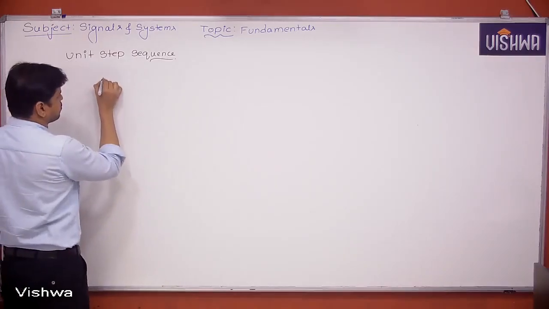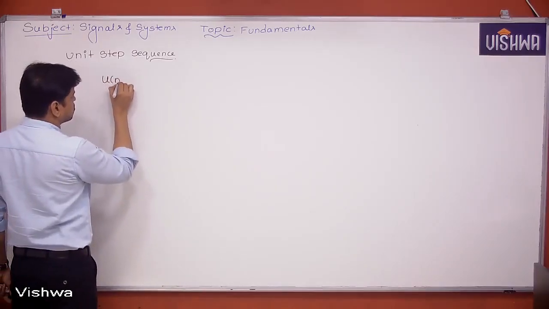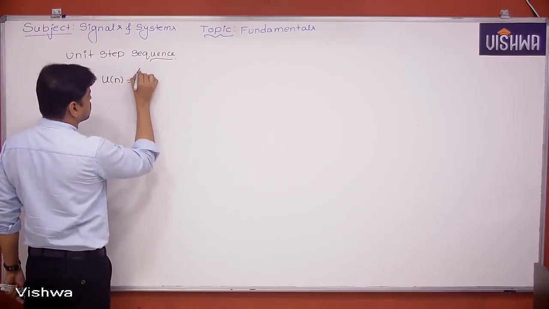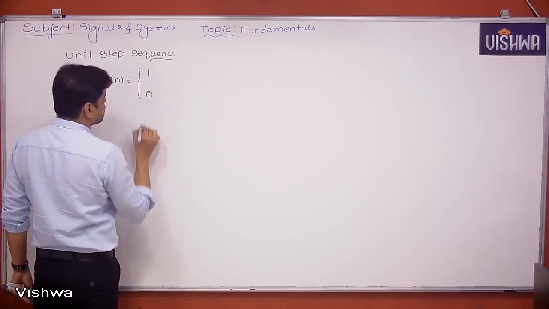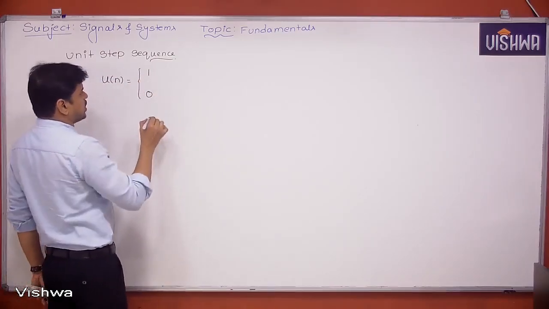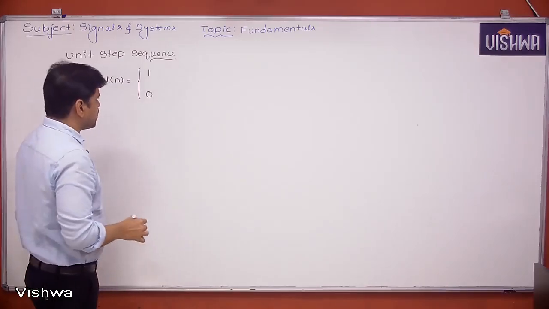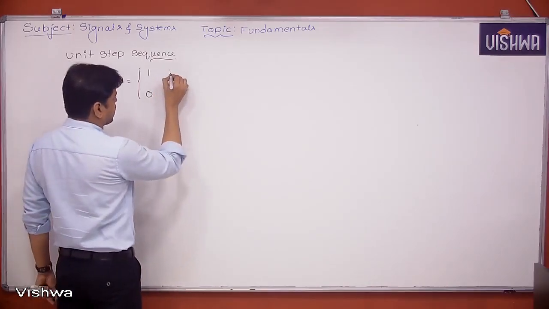It is represented with u of n. Its value may be 1, its value may be 0. It is similar to u of t, but there is some difference.